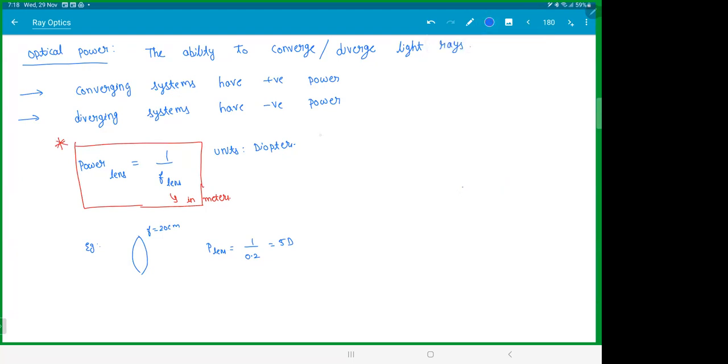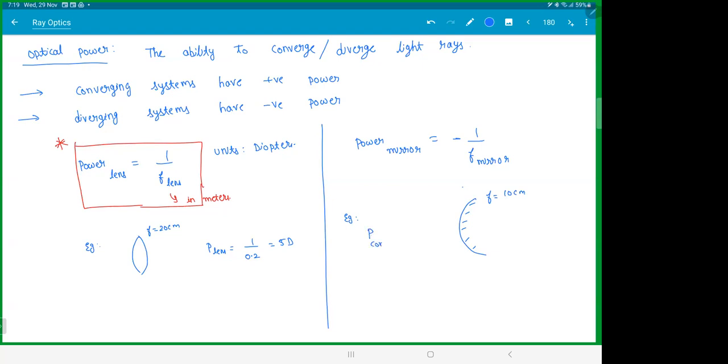Now here you have to be careful. For mirrors, it is reversed. Because in mirrors, what happens? A concave mirror is converging, but it has a negative focal length. So therefore, we introduce a minus sign to make it positive. Example, if you take a concave mirror, let's say f is 10 centimeters.